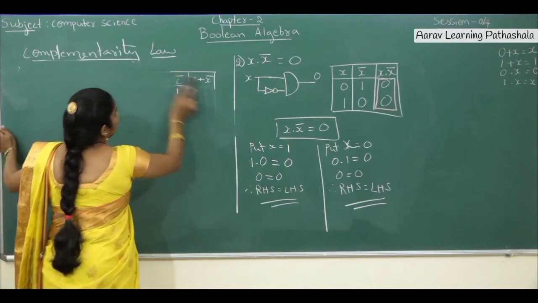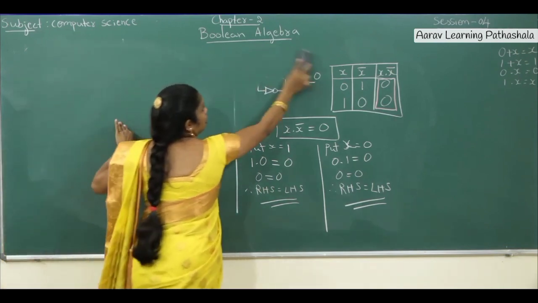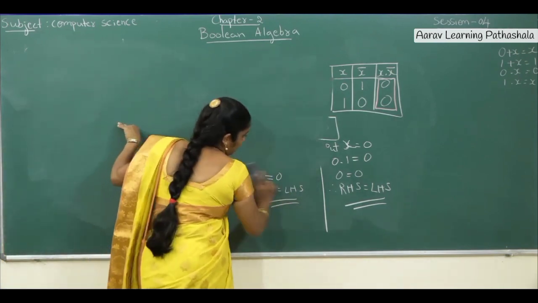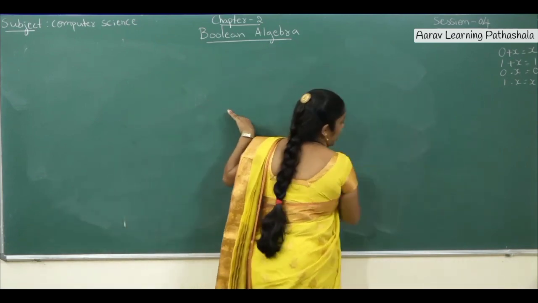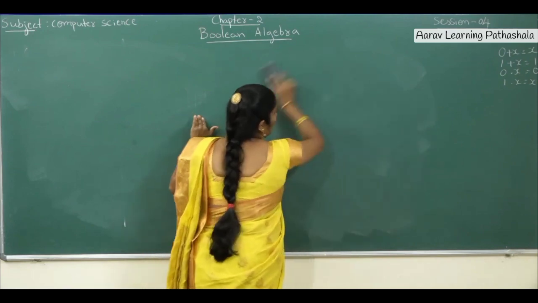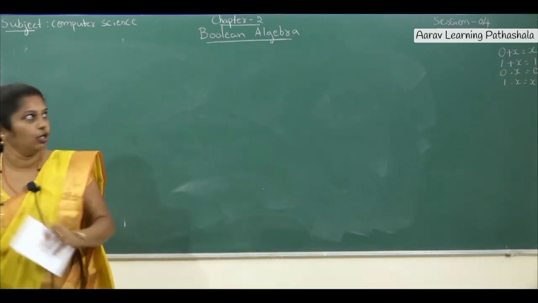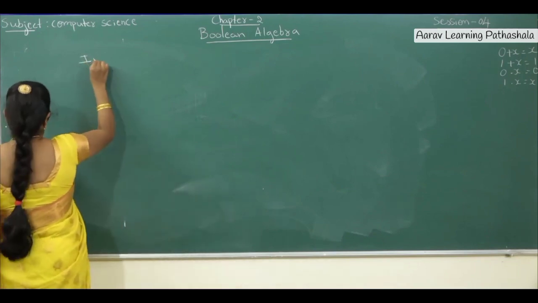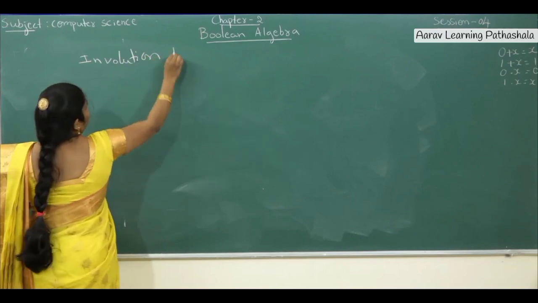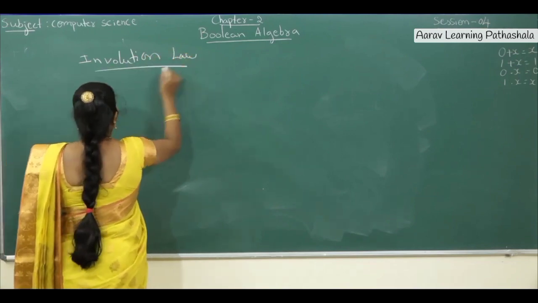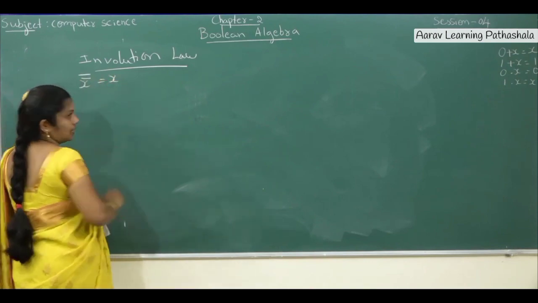What exactly does the involution law state? In involution law, the complement of the same variable, once again if I am going to complement, then we will get the original value. That we will prove now. Involution law states that x double bar equals x.